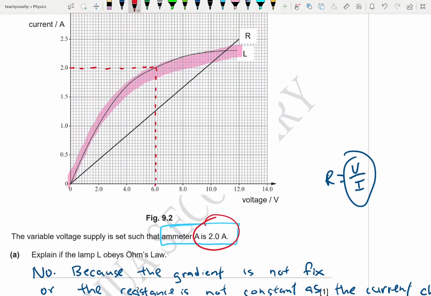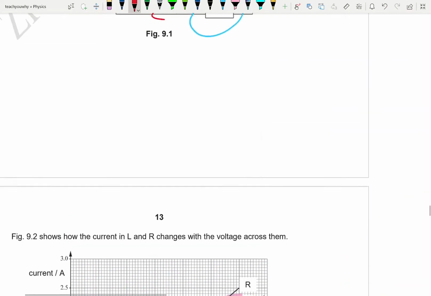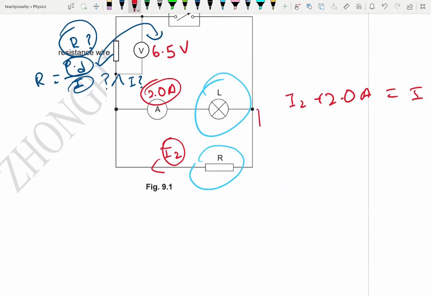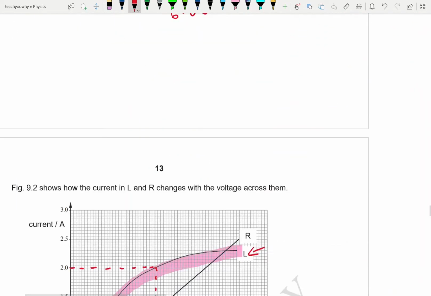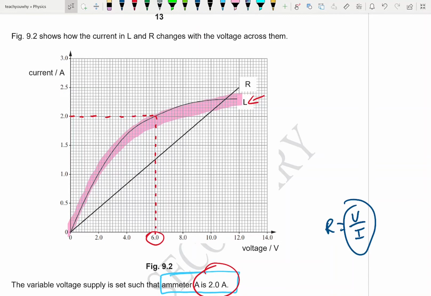From here, we know that at current 2 ampere, this light bulb L will have a potential difference of 6 volts. And because both of them are in parallel, if the PD across here is 6 volts, hence the PD across here will also be 6 volts. Likewise, we know that the potential difference across R is also 6 volts.